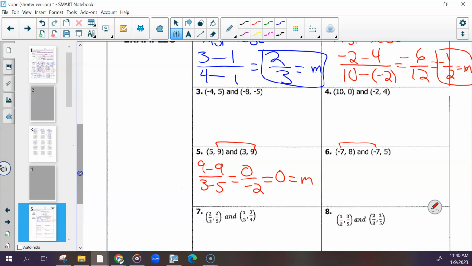We would be dividing by 0, so our slope would be undefined. But you either have to show me that those are the same or tell me that they're the same, and that's how you know that, or actually do the work. Doing the work won't hurt you because then you could double check. Questions on that?